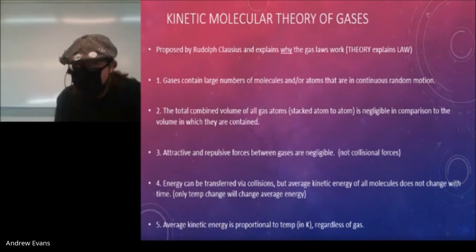And then finally, the average kinetic energy is proportional to the temperature in Kelvin, regardless of what gas we're dealing with. So the only way to increase the kinetic energy in this system is to heat up the gases. Otherwise, the net kinetic energy is constant.